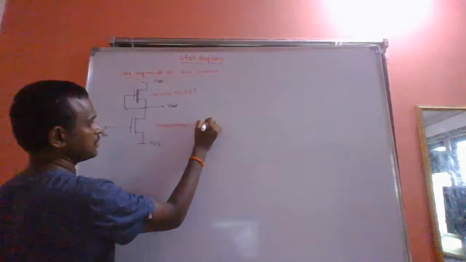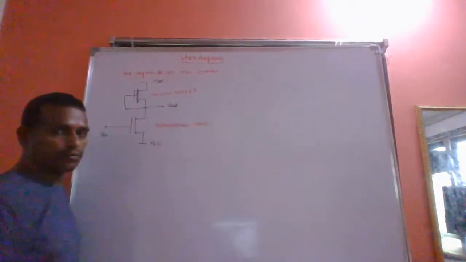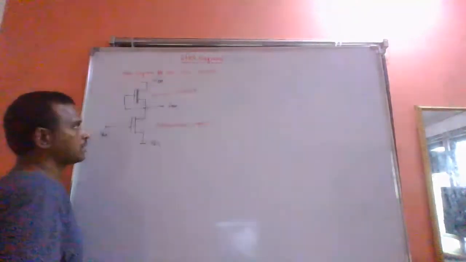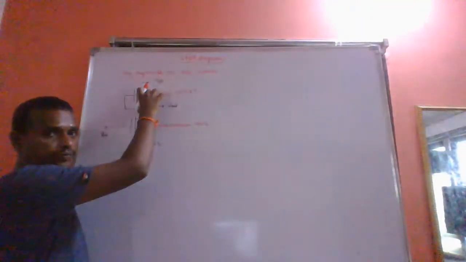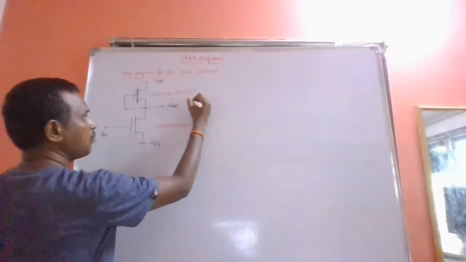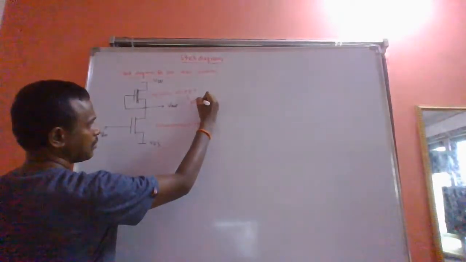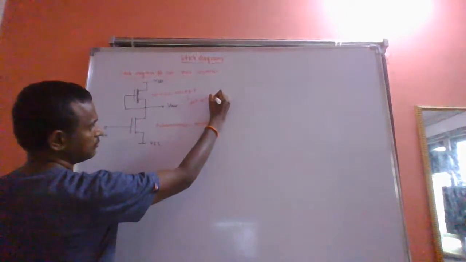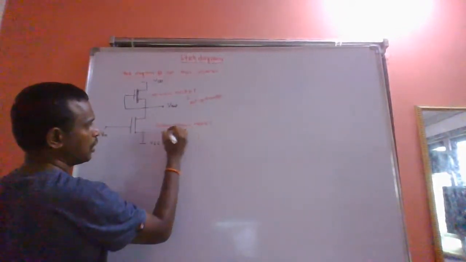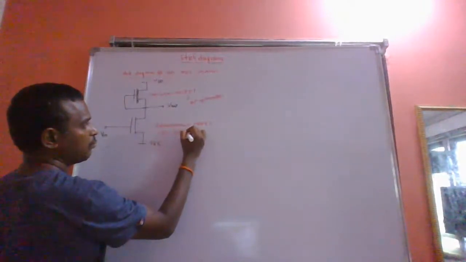So this is nothing but the load. The depletion MOSFET is the pull-up transistor, and the enhancement MOSFET is nothing but the pull-down transistor.